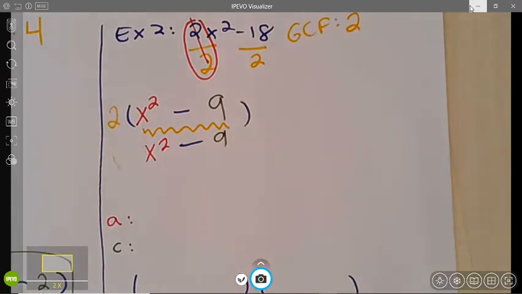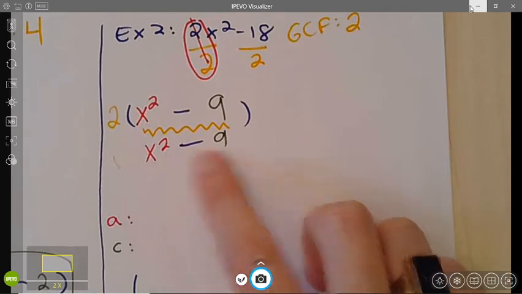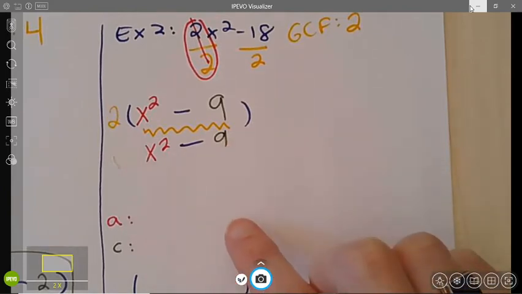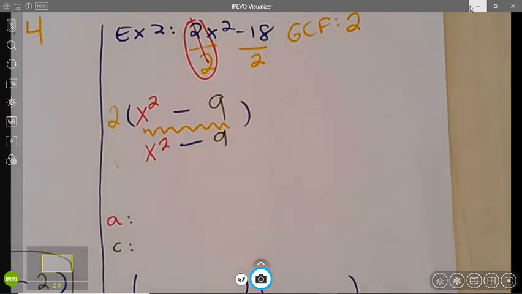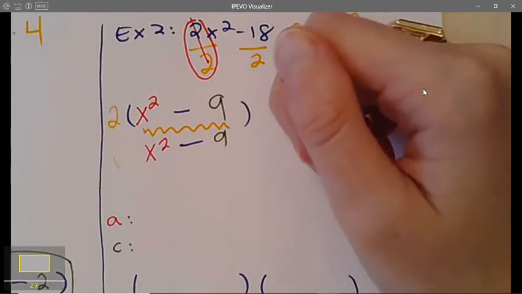I have 2 terms. I am subtracting, and each term I can square root. So which factoring technique am I able to use on what's left over in my parenthesis? I can use a difference of 2 squares.